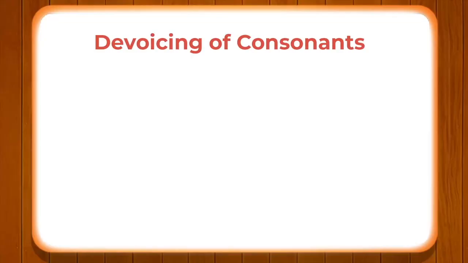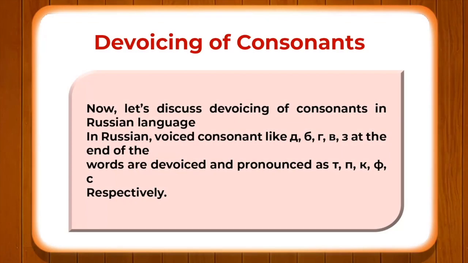Now, we are going to venture into the basic concept which we started in our module, voicing and devoicing. All right. So, the devoicing of consonants, we will discuss it in the Russian language. In Russian, there are certain voiced consonants like de, be, ge, ve, ze, whereas the devoiced consonants are pronounced as te, pe, ke, f and s.